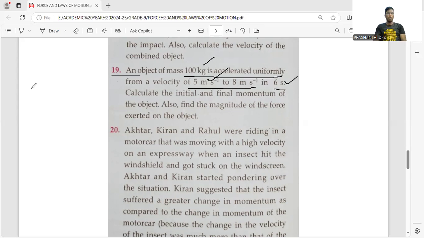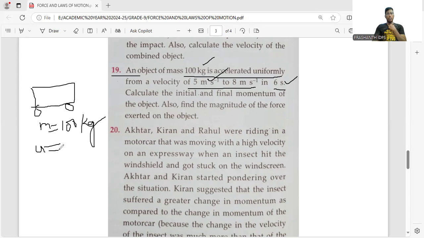Very simple one. So let us consider this is an object, and the mass of the object is how much? It is given as 100 kilogram. Accelerated uniformly from a velocity of 5 meter per second to 8 meter per second. It means what is the initial velocity?